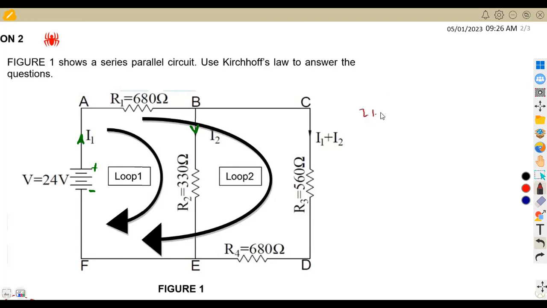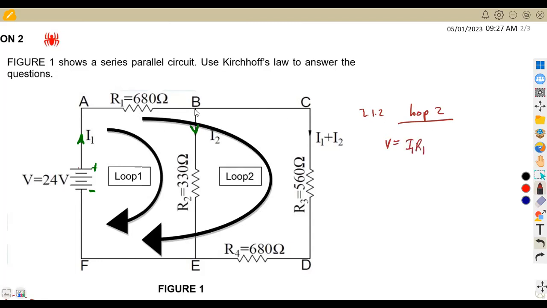This is 2.12. If we check in this outer part, which is our loop 2, we have a voltage source from the positive, which is V, being equal to, remember, the voltage drops. From the part of E to F to A to B, we still have the same condition with I1 and R1, so we have the product of I1 R1.